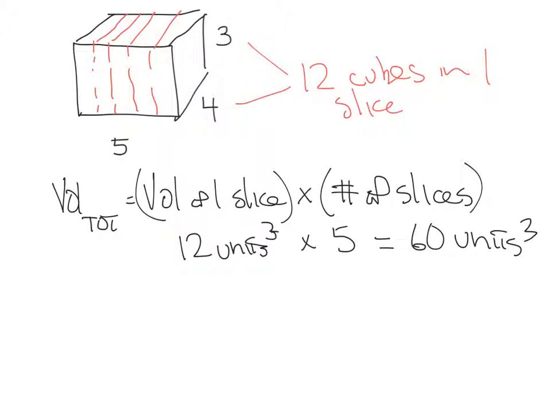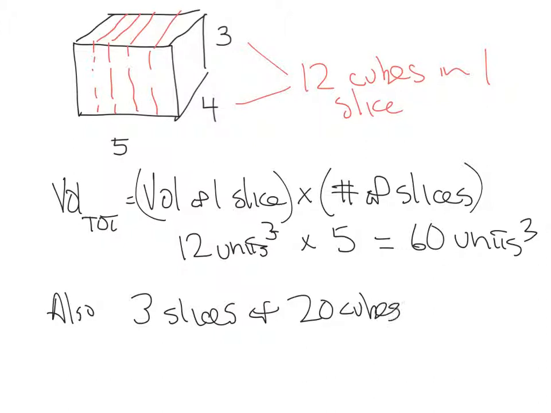You could also slice this one, in this case, to have 3 slices of 20 cubes, which of course gives you 60 units cubed as well, or 4 slices of, and you should be able to figure out what those slices look like.